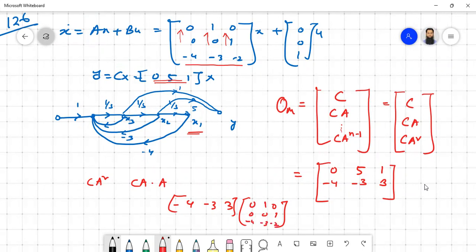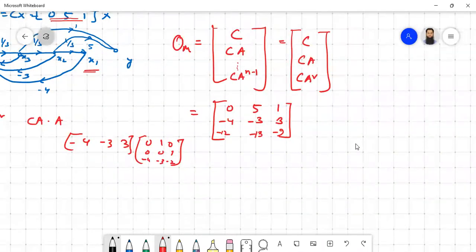So it will give you 0, 0, and 3 minus 3 is... -3 into -4 is -12. Then next is -4, then -3 into 3 is 9, so -13. Finally the third one will be 0, -3, and -6, so basically -9. Now this is your observability matrix.